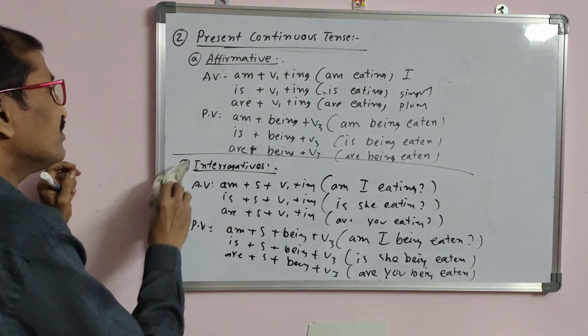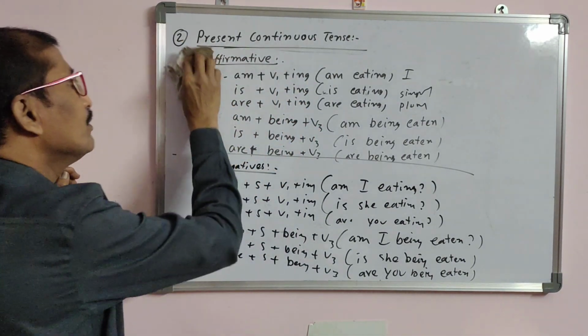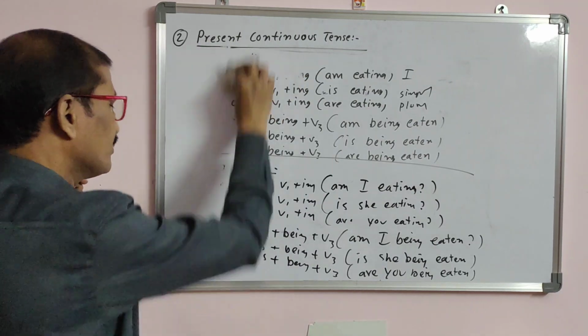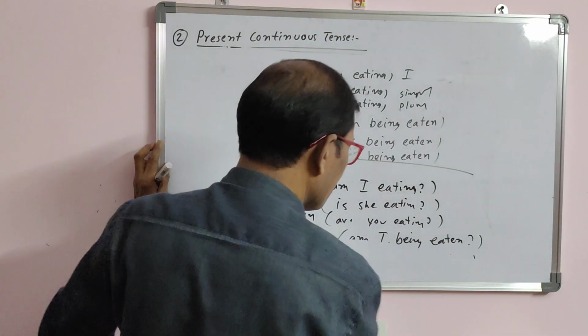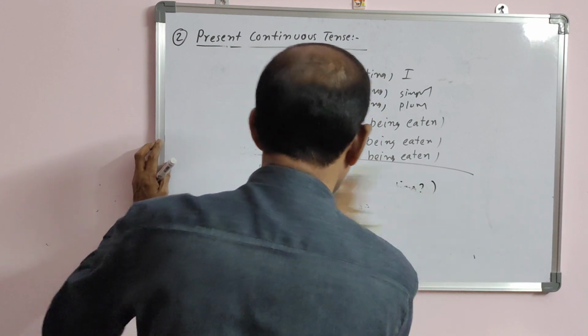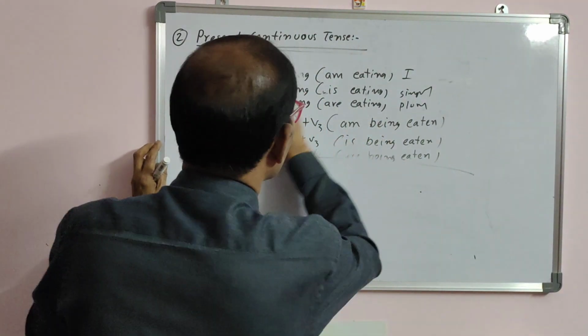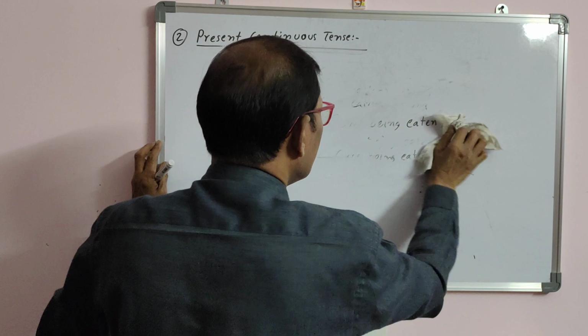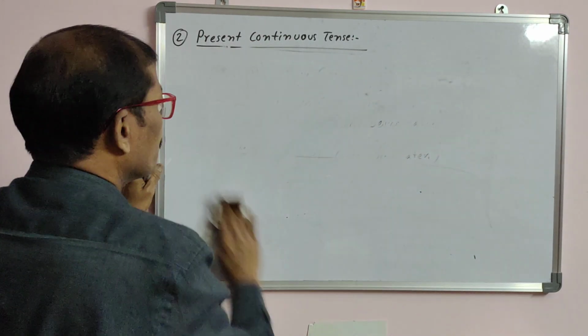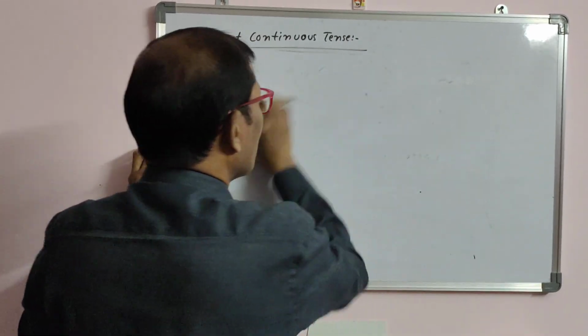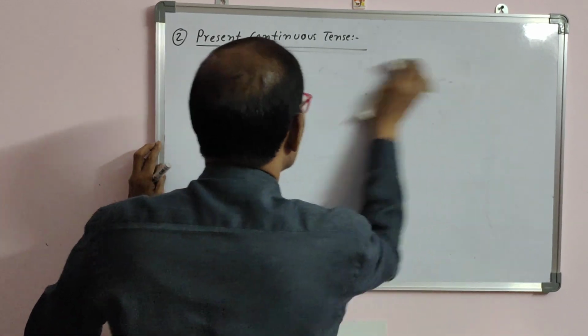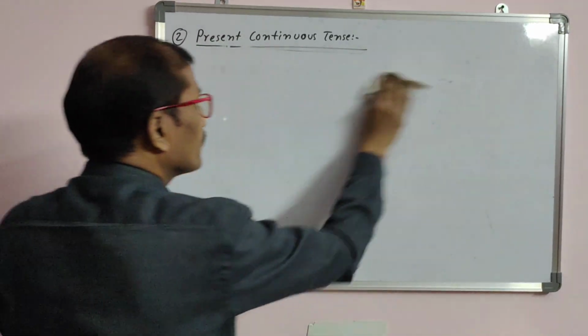And now let us see what are the uses of present continuous tense. This is very important. When is it used? Present continuous tense is used for an action which is going on at the time of speaking.